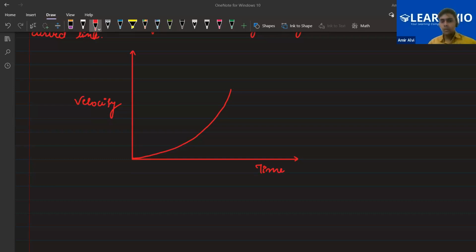Clear, everyone? Okay, quickly note this down. Please note it down.